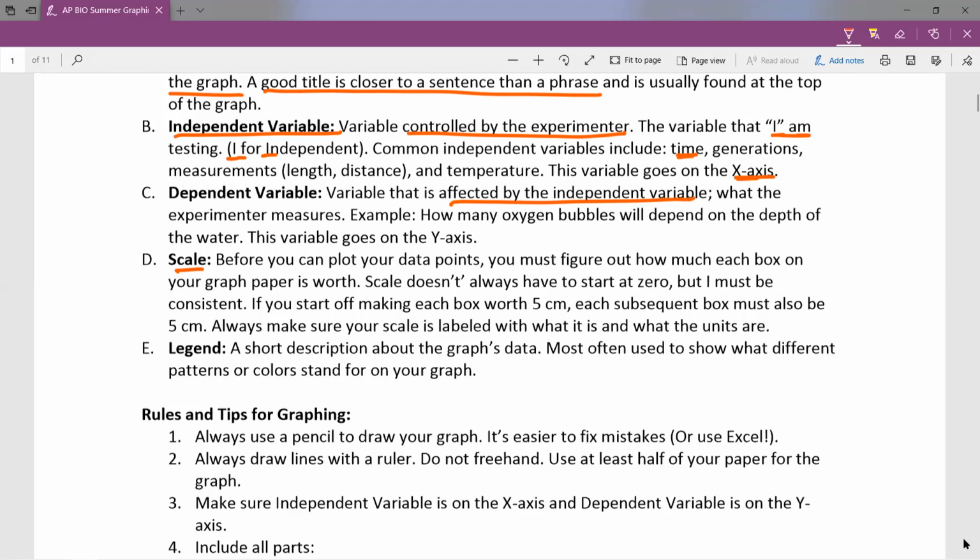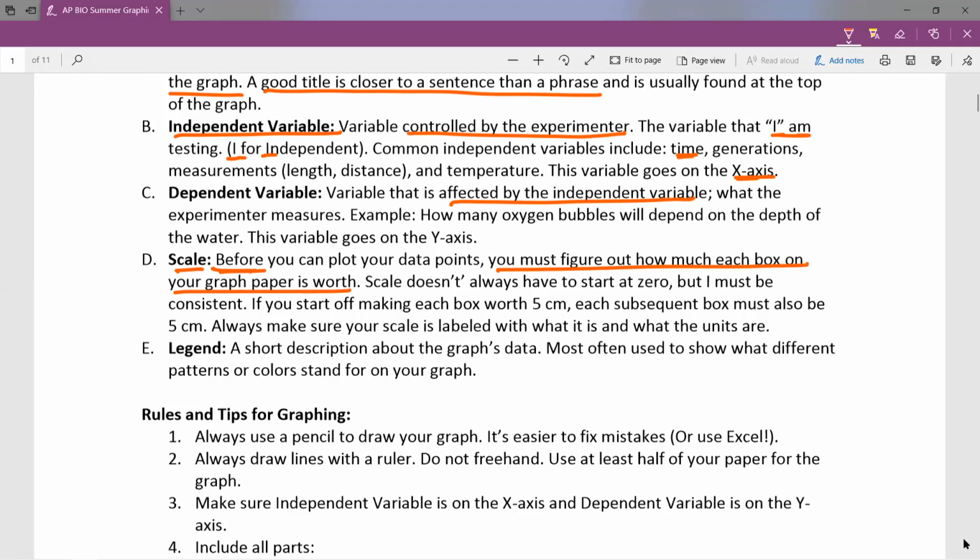So if you had your scale 1 to 5 on the x-axis, we would have like maybe 0.1, 0.2, and then on the y-axis, we might have 1,000, 2,000, 3,000, or whatever. So before you plot your data points, before you actually do your graph, you must figure out how much each box in your graph paper is worth. And it doesn't have to be 1-to-1.